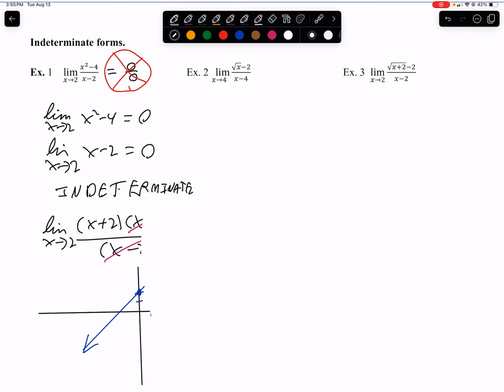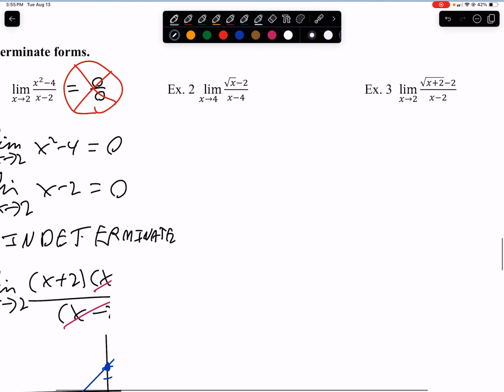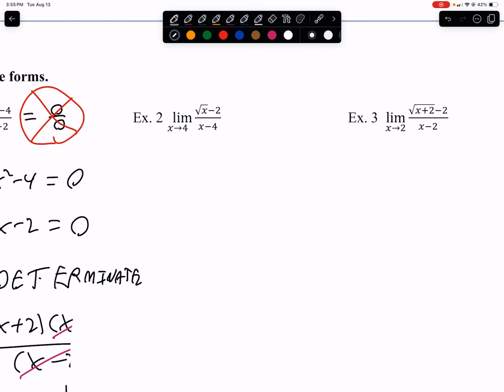How do you deal with this situation? Okay. The secret, and this is often done in higher math classes, it's just a little secret, kind of a trick. I'm going to multiply by 1 because once upon a time I learned, I think in 3rd grade, anything times 1 is itself. So I can multiply by 1 and it doesn't change anything. Well, I'm going to have a special 1.